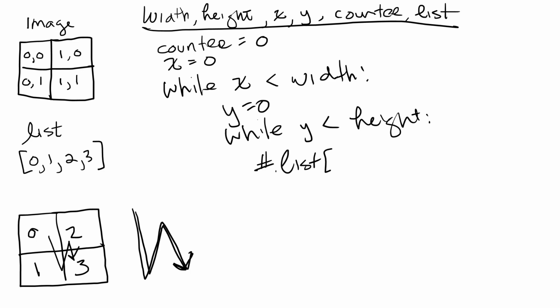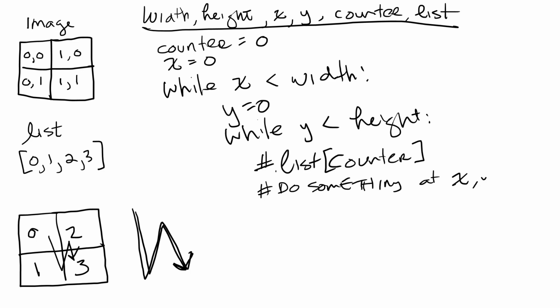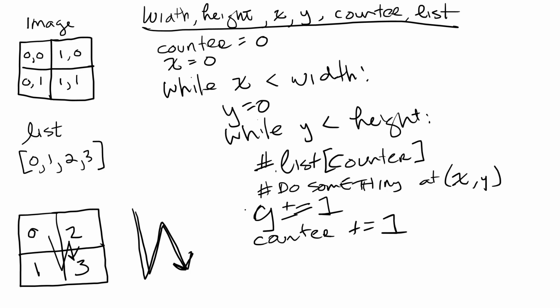Again, I'm just putting this in a comment. List counter, do something at x, y with that. And then here again, we increment y plus equals 1. Counter plus equals 1.